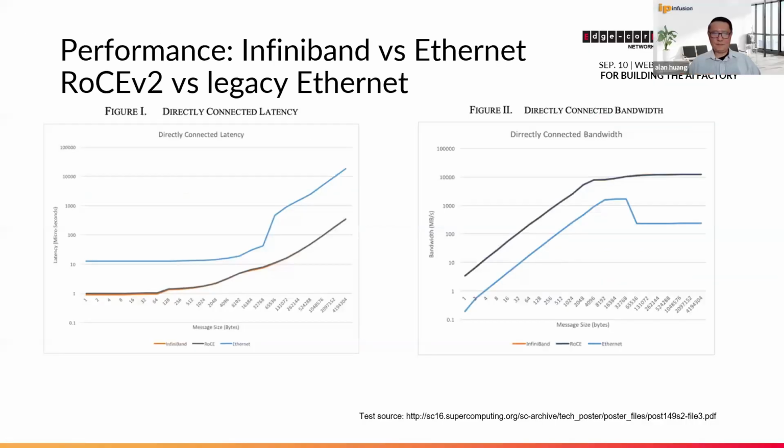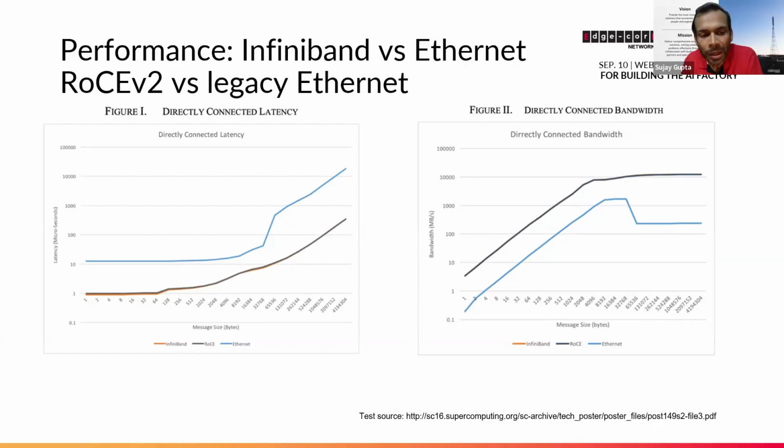You can see here that the black color is RoCE V2, and the blue is Ethernet. RoCE V2 is also improving in terms of performance and is matching InfiniBand.